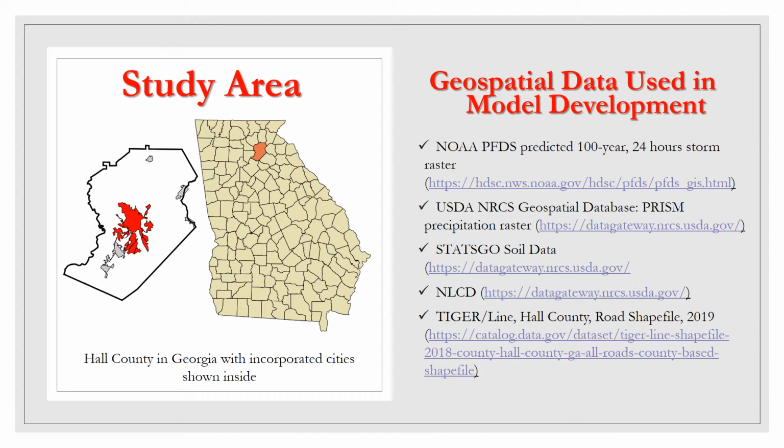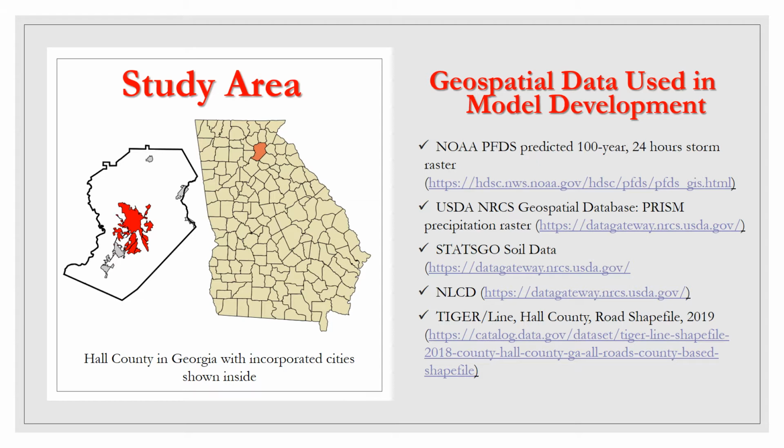For the data for this model, we used two different types of precipitation-related data. One is NOAA's PFDF 100-year 24-hour storm event data, because nowadays flash floods are happening a lot, and NOAA is updating based on climate change; for Georgia it has already been updated until 2013.